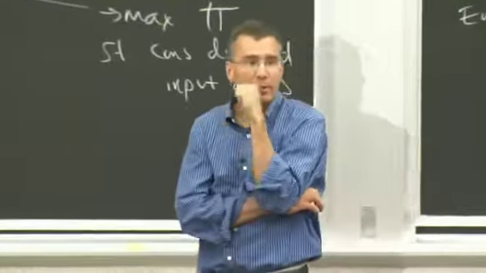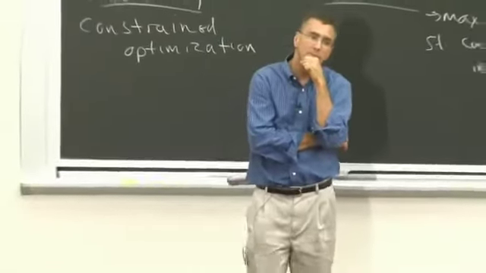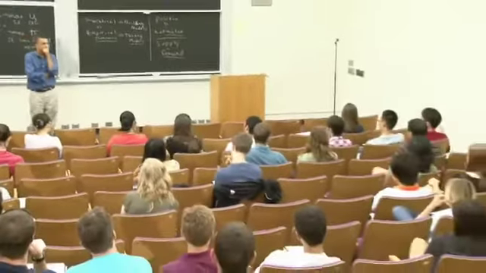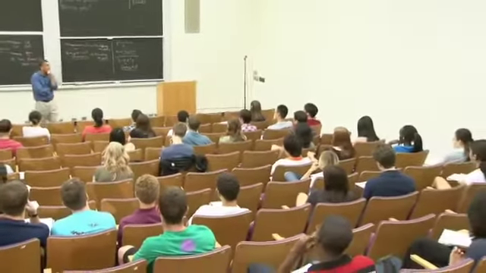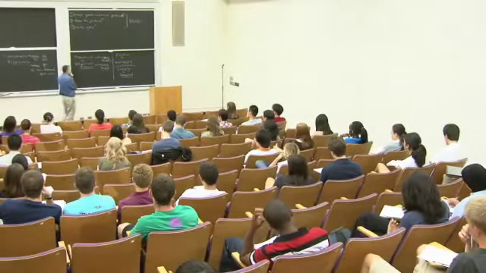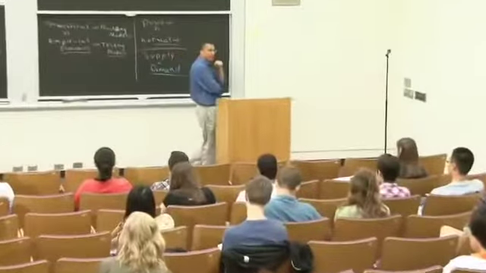Or is there another argument? Is there another reason why you might not want this to happen? Yeah? Maybe you encourage illegal ways of getting a kidney. Yeah, the other reason could be that we don't trust people to make good decisions when money's involved.